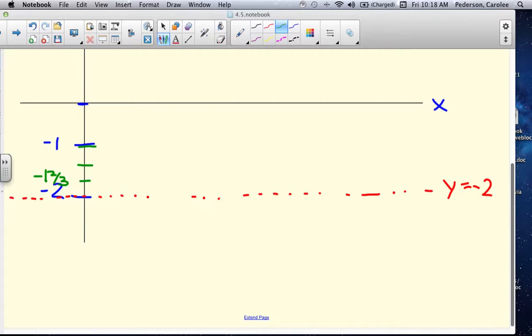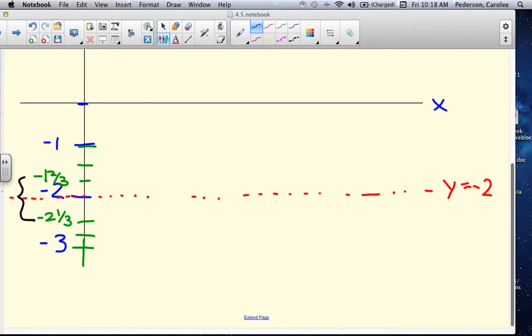And then I go another distance of 1/3 the other way. So if here is, let's say, -3, the bottom of that curve will occur at -2 and 1/3. So the graph will occur only in this piece.